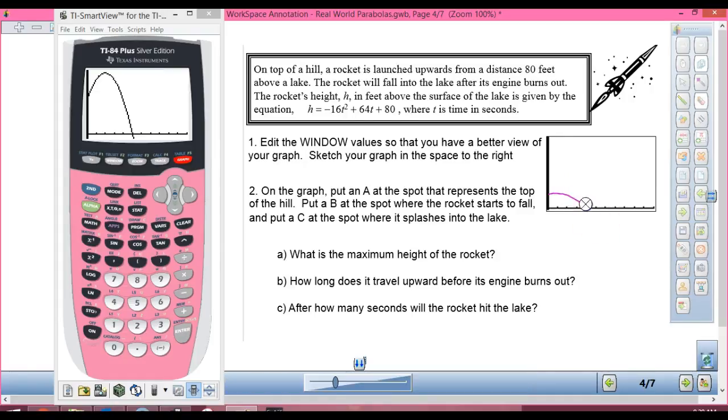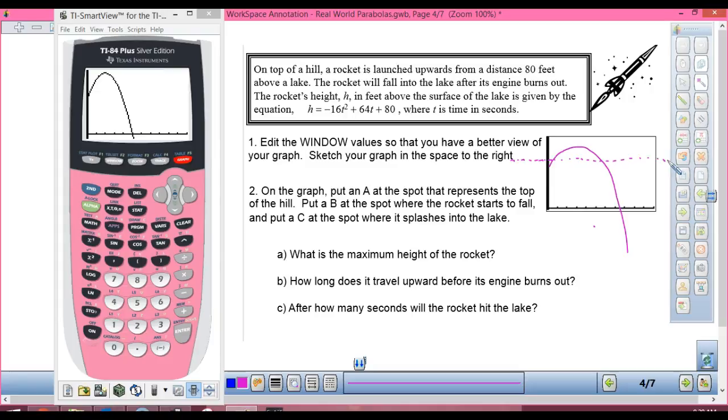Okay? You need to play with your window so that you can see the majority of your graph. You know what I mean? Okay? If you cut this into thirds, your graph shouldn't fall below that top line. Okay? But after that, you guys should be able to do these.